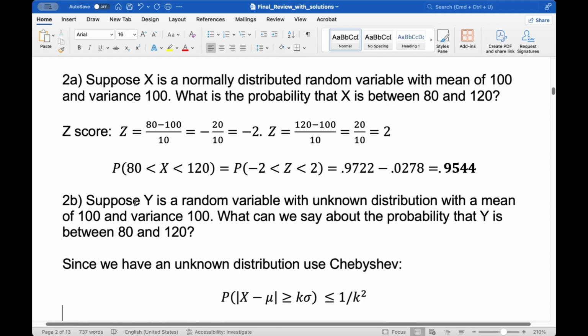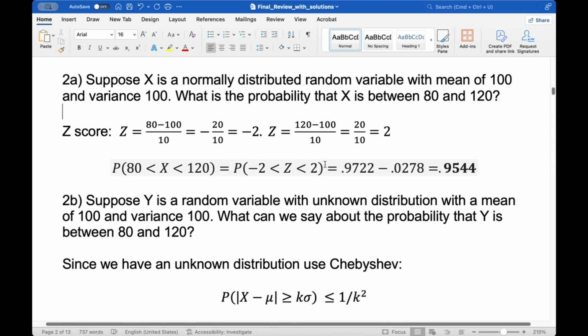So it's 80 minus 100 divided by the root of the variance, which is 10. That's negative 20 over 10, which is negative 2. On the other side, 120 minus the mean of 100 divided by 10, we get 20 over 10, which is 2. So it's the probability that z is between negative 2 and 2.